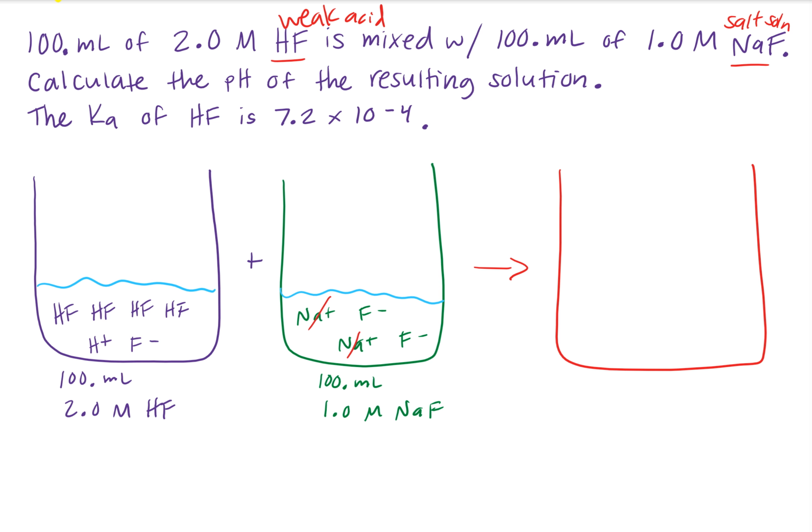So when I mix it all together, I know that the 100 plus the 100 mils is going to give me a total volume of 200 mils. And I know that the fluoride ions are going to be present in the solution, and then the purple beaker, the weak acid, hydrofluoric acid, is going to be present as well, and a very small percentage of those are dissociated into ions.